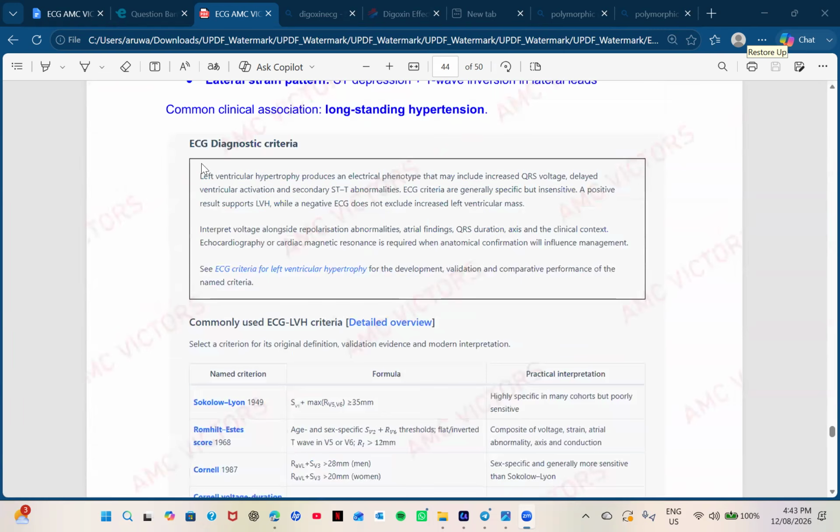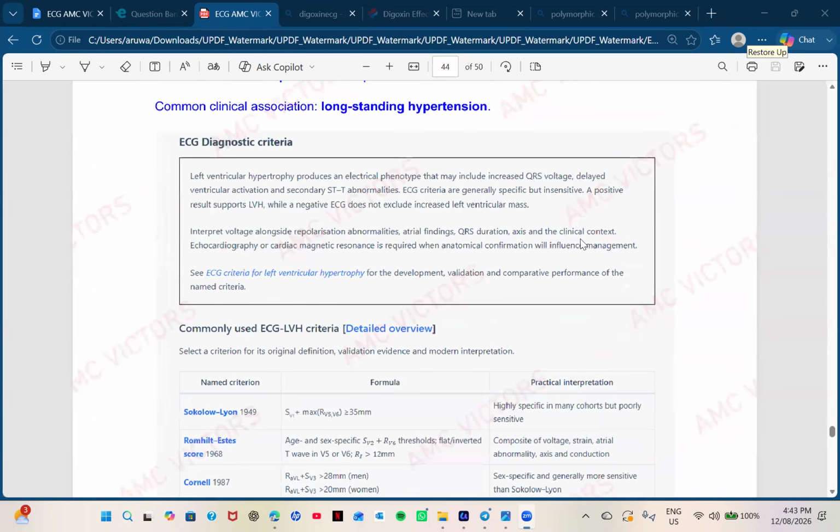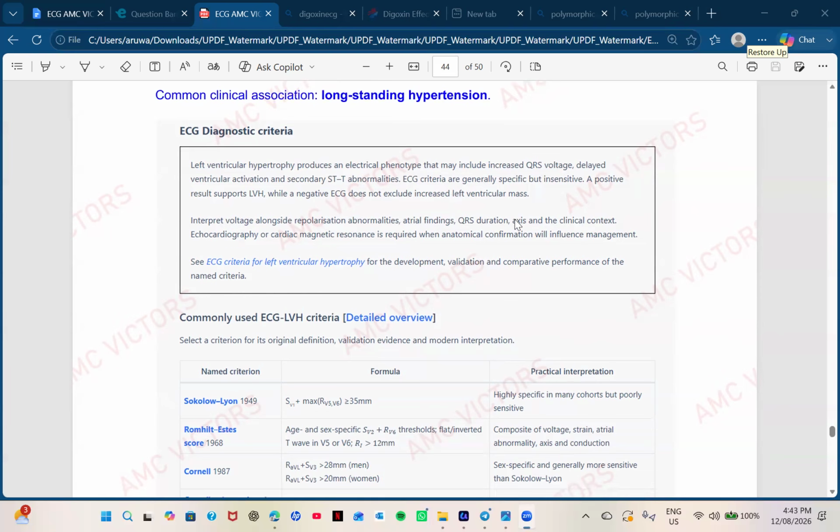Left ventricular hypertrophy produces an electrical phenotype that may induce increased QRS voltage, delayed ventricular activation, and secondary ST-T abnormalities. ECG criteria are generally specific but insensitive. A positive result supports left ventricular hypertrophy, while a negative ECG does not exclude increased left ventricular mass.